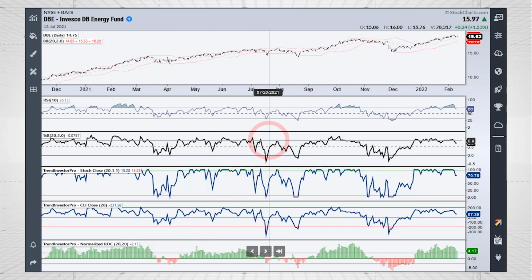If we go to July, we can see that 4 of them were oversold: RSI, percent B, StochClose, Commodity Channel Index, but the normalized ROC was not. And then we go to August, and we can see that all 5 became oversold. So that was a very oversold condition there.